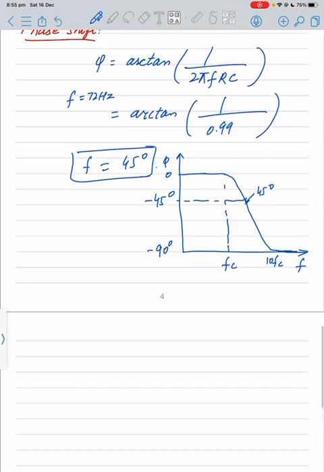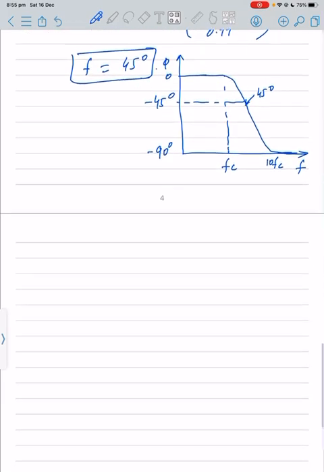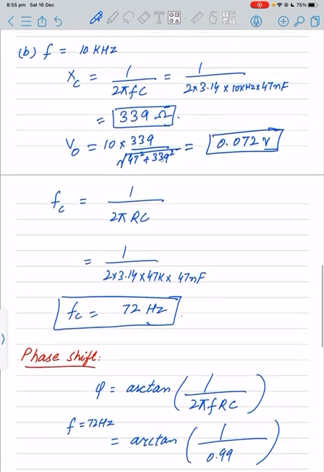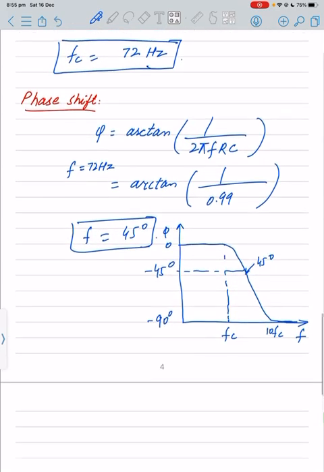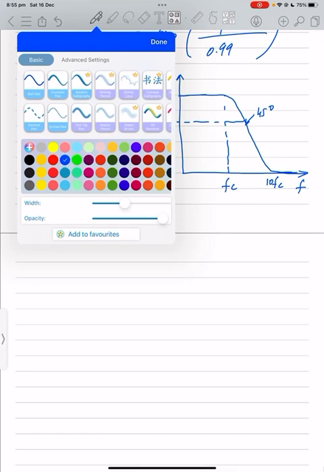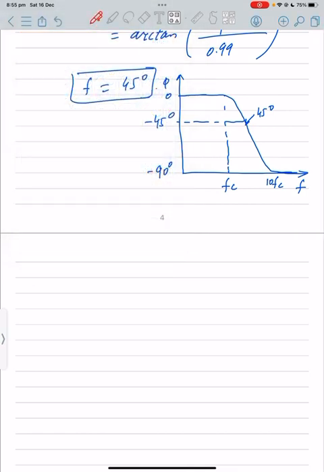So that's how the phase shift actually happens in the case of our low pass filter. The same strategy can be adopted for the high pass filter. Now the next important thing is the second order filters.